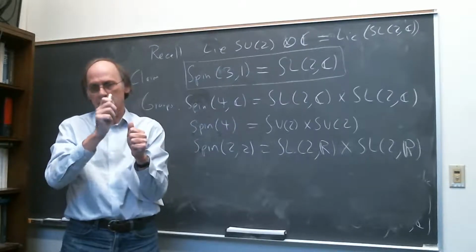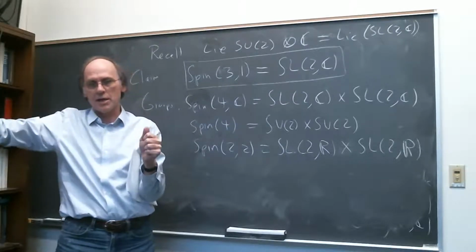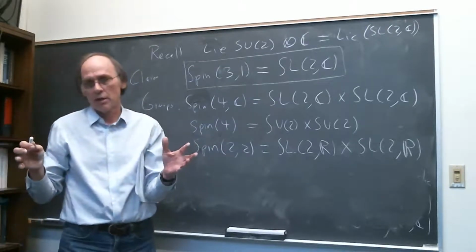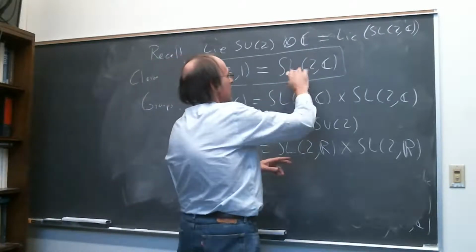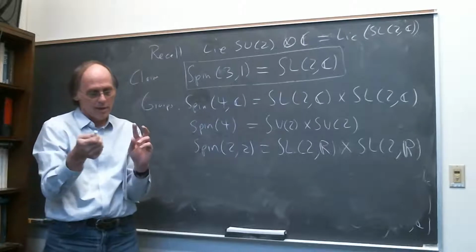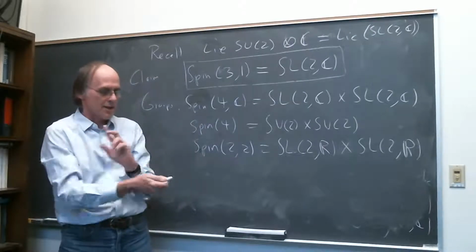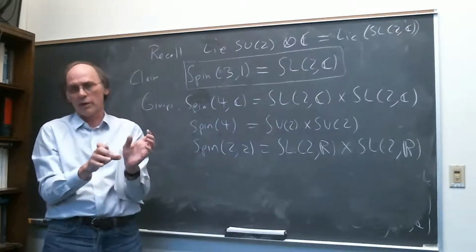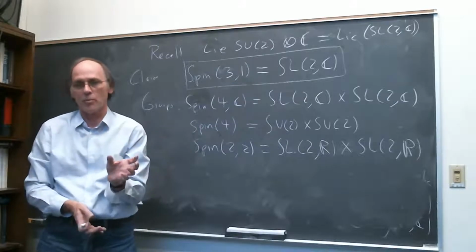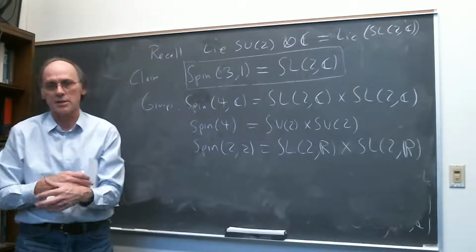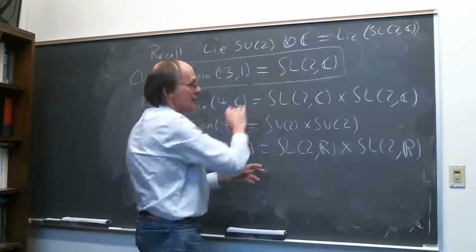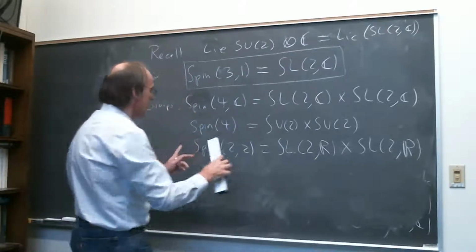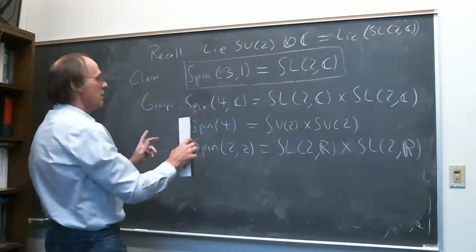They're all the spin 0, half, 1, etc. representations, or if you like, the polynomials in Z1, Z2. But the fact that it's not unitary, that it's SL2C, means that the representations are not equivalent to their conjugates, and so you have separate representations which are not unitarily equivalent, which are the polynomials in Z1 bar, Z2 bar, the complex conjugate representations. So I'll talk about that next time, but that's what the finite dimensional representations of the Lorentz group are going to look like.